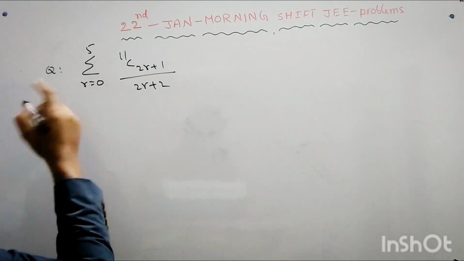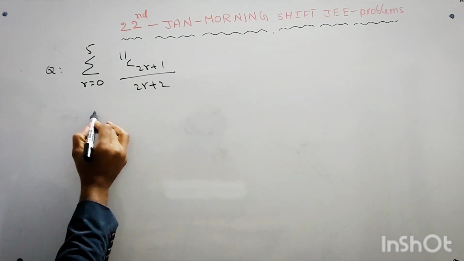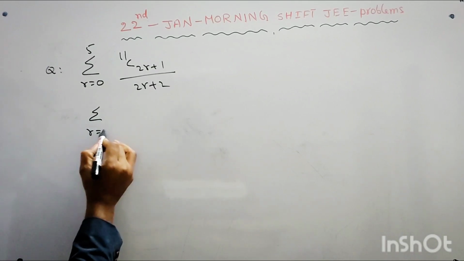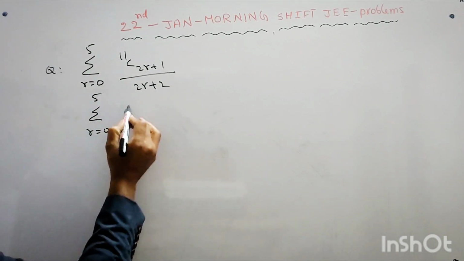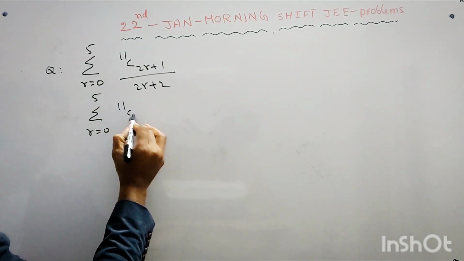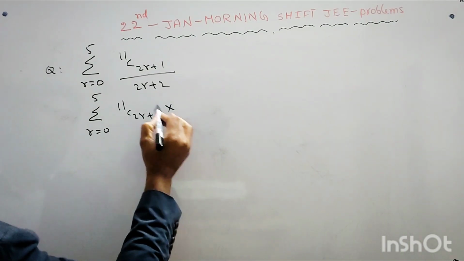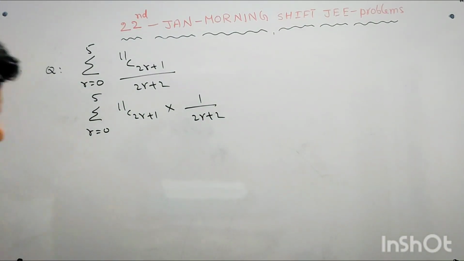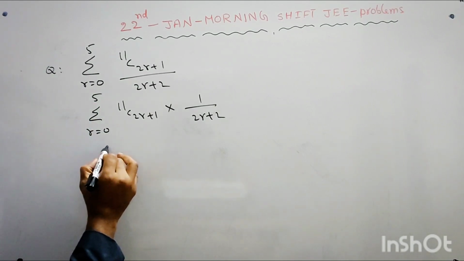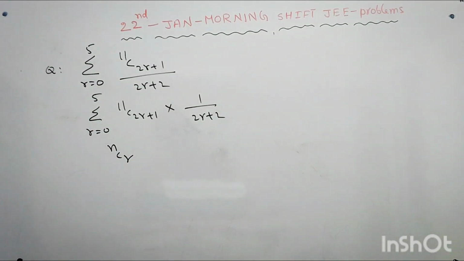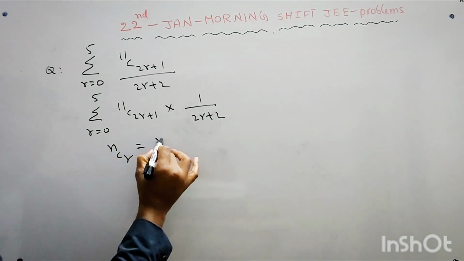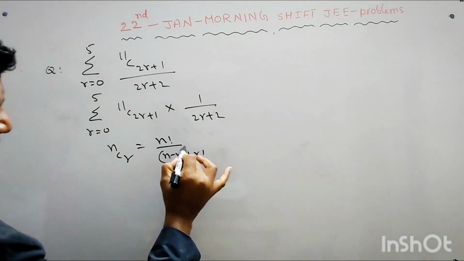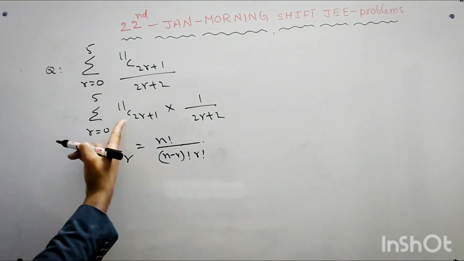Here the summation of r is equal to 0 up to 5, 11C(2r+1) into, you write, 2r plus 2. Now it is looking like nCr combination, n factorial by n minus r factorial into r factorial. Apply this formula here.